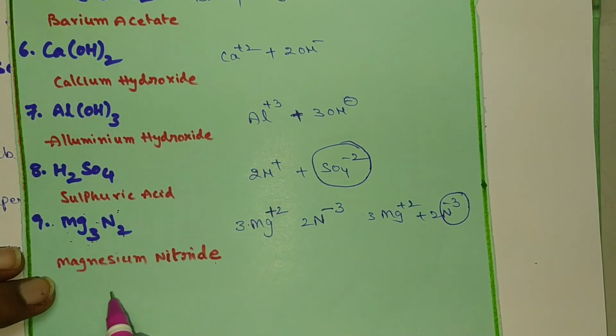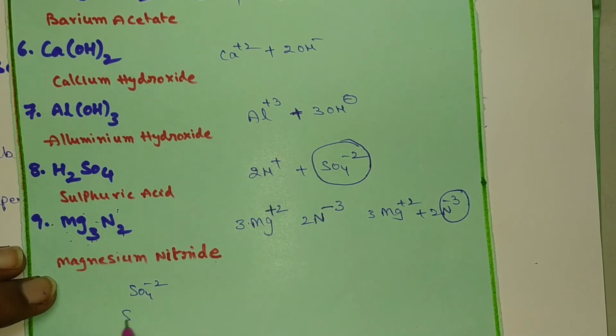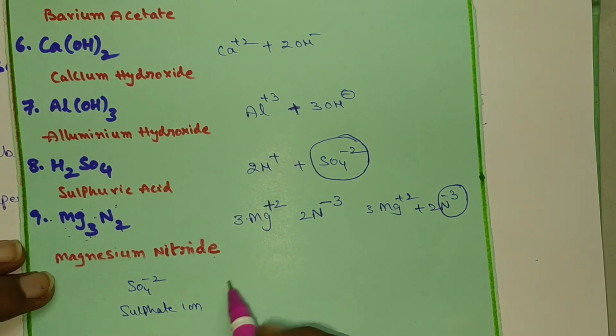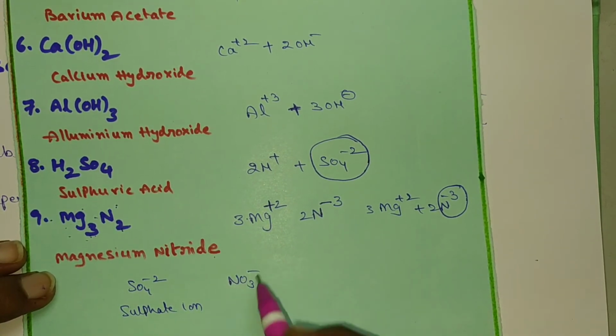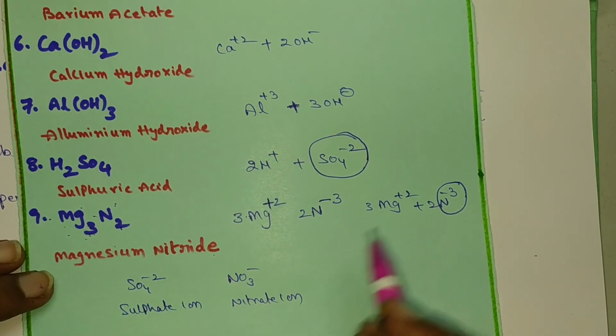So sulfate means SO4 minus 2, that is the sulfate ion. Nitrate means NO3 minus, that is the nitrate ion.